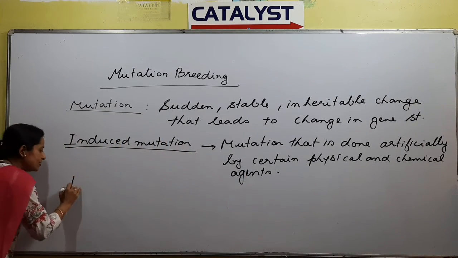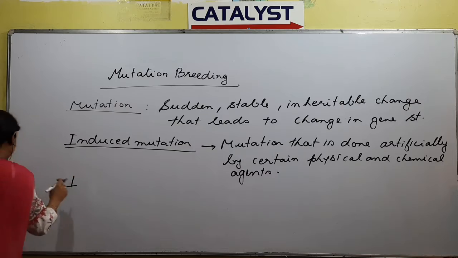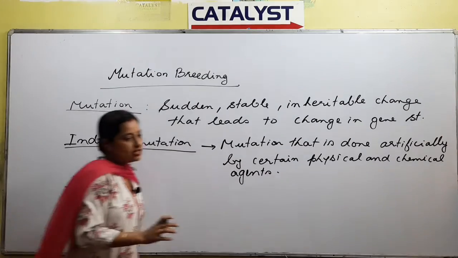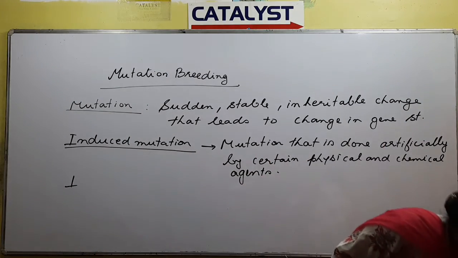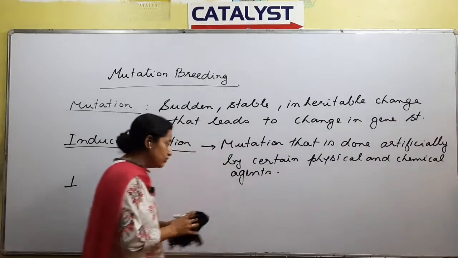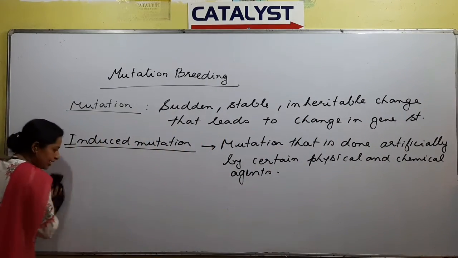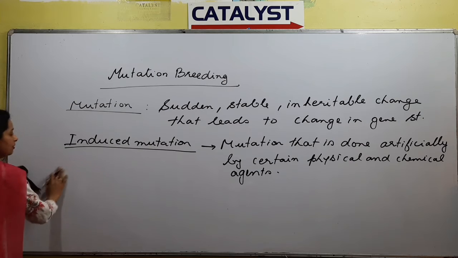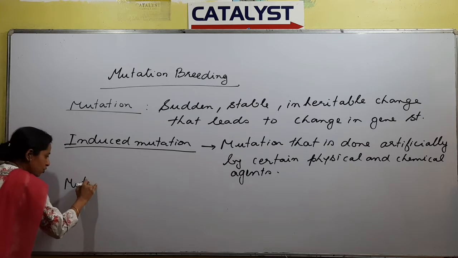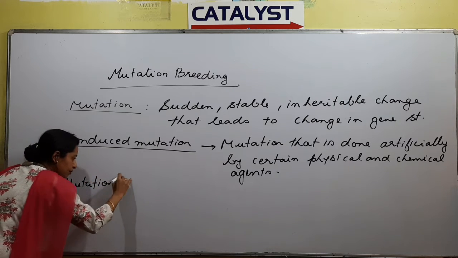The third point is we have to talk about mutation breeding. Now what is mutation breeding? If we use induced mutation for breeding, that is what is called mutation breeding. So what is mutation breeding?